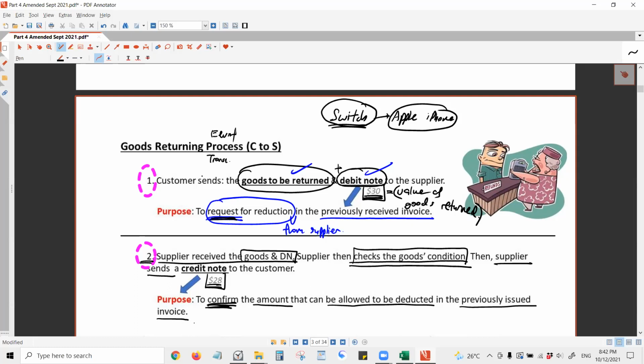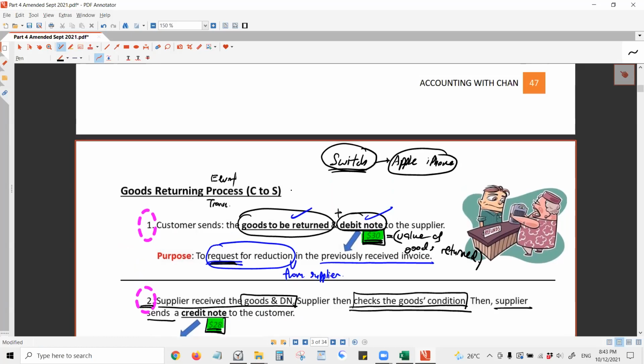Why is it less than 30? I have to tell you the reason. The amount requested to be deducted is $30, but the supplier says only $28 can be deducted. Why? Let me tell you some possible reasons. Imagine that you are the Switch owner again, the owner of a shop which sells Apple products.